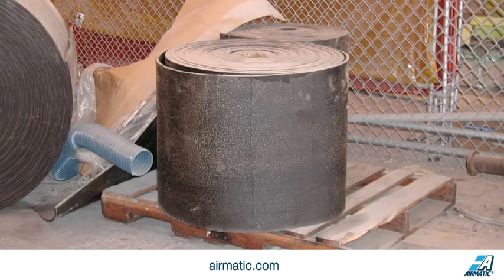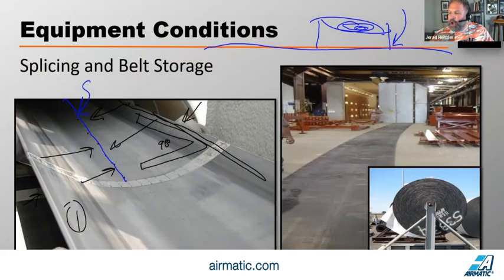If we store a belt on the ground like you see in this photo, here's the ground, here's my belt, all the weight is on one side of the belt, and that's damaging that carcass on that side. That creates an elongation to one side of the belt, causing the belt to mistrack.